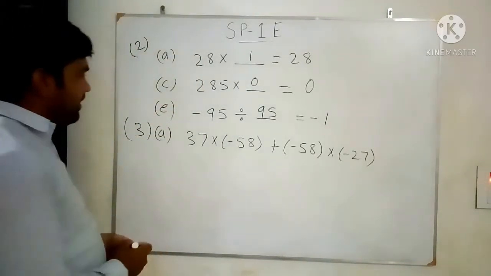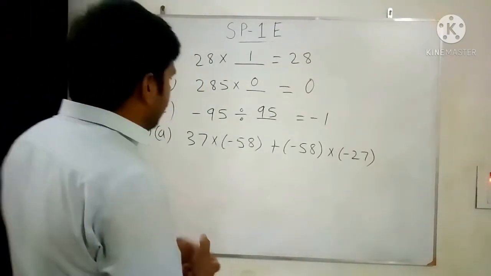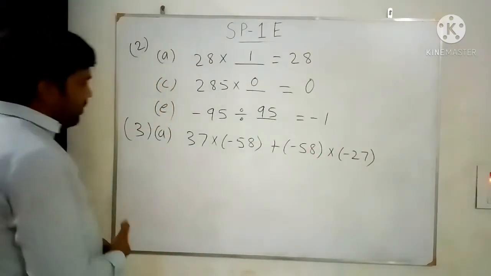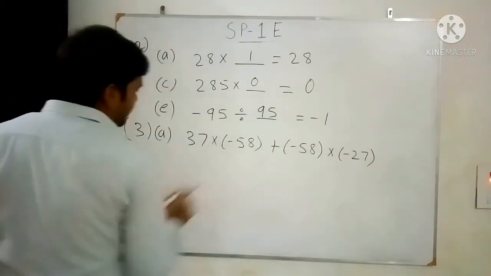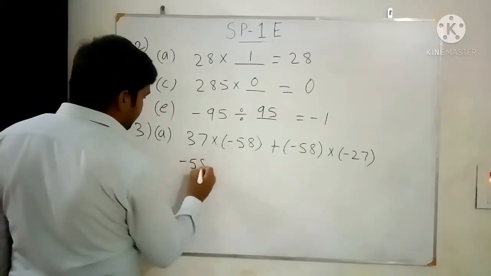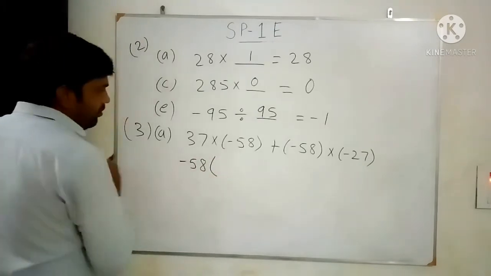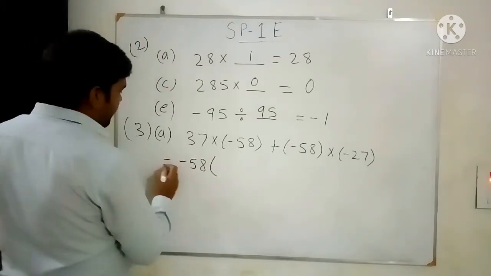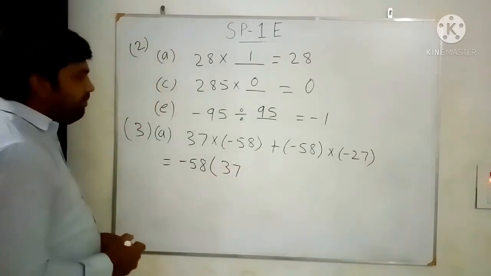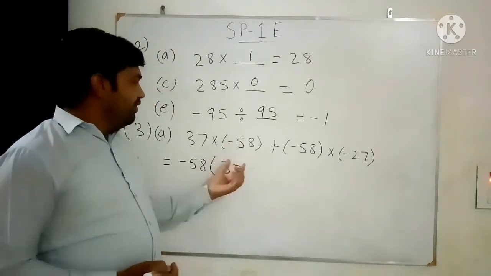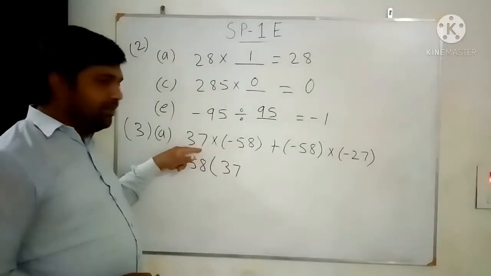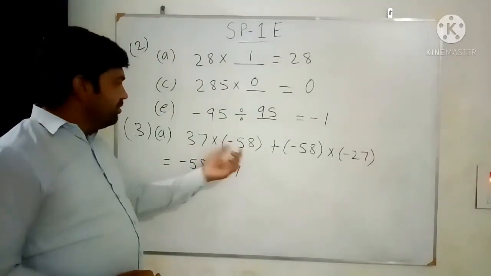Here you can see the distributive property, the same number minus 58 is multiplied with both terms. So we take minus 58 common. Common means to divide each term.